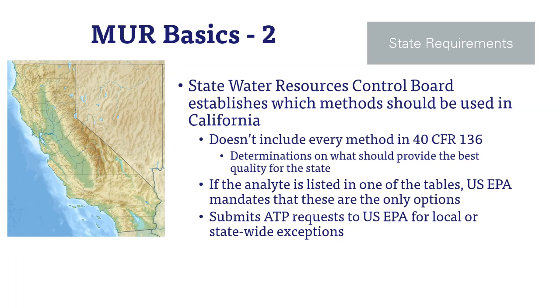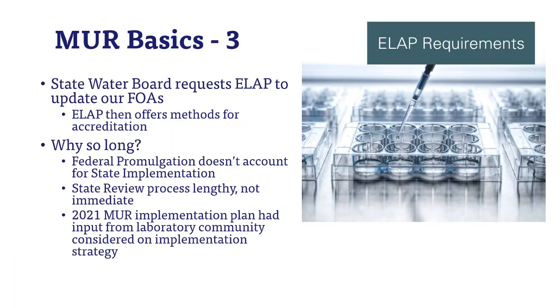So if we go to the next slide, then it moves down to level 3, which is ELAP's requirements. So the State Water Board gives us, hey, we want these methods, and then ELAP has to work on our back end to make sure the laboratories can apply for these methods and make sure that the laboratory certificates accurately reflect the methods.